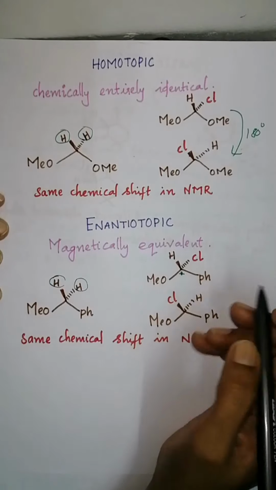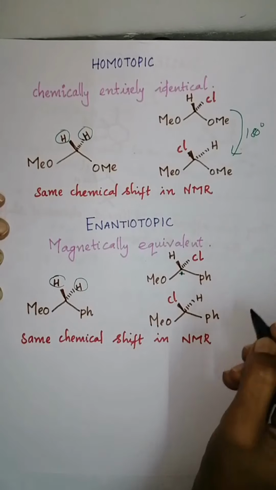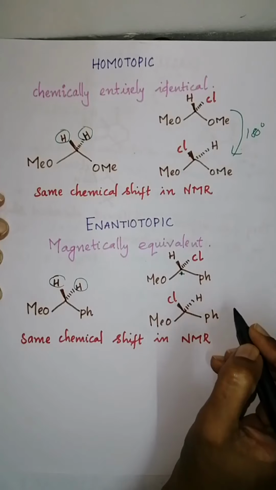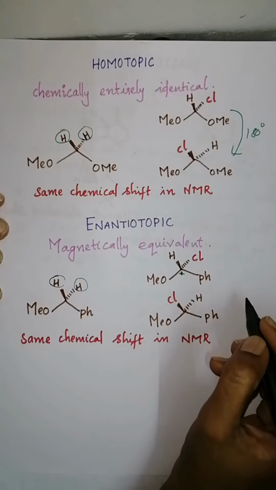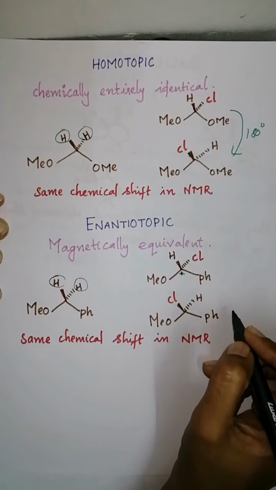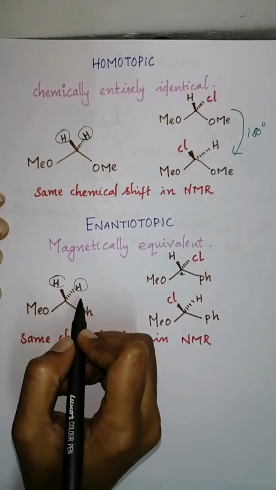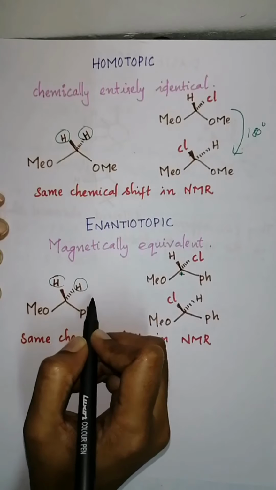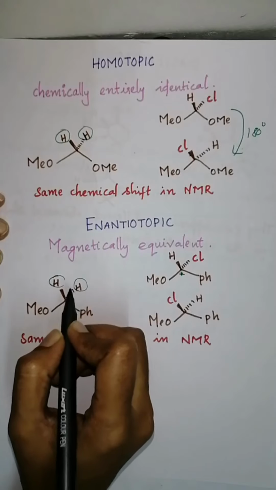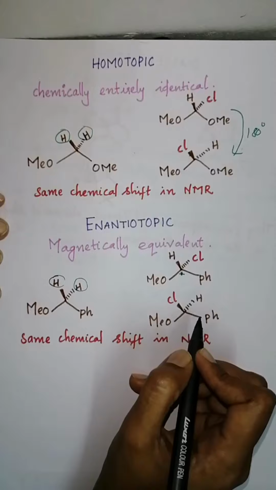If we give R and S notation to these two, we can see that one will be R and the other will be S, which means that these are enantiomers. So the relationship between these two protons is that they are enantiotopic, because on replacing either hydrogen, we get enantiomers.